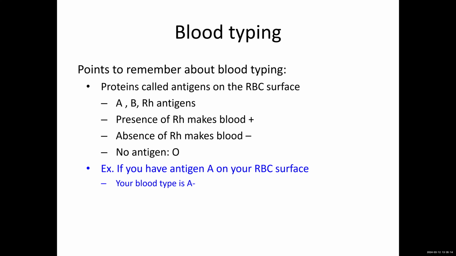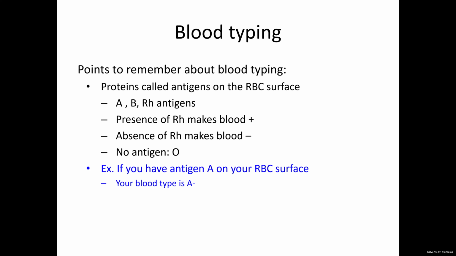Because you all know that we have different blood types: A positive, A negative, B positive, B negative, O positive, O negative, or AB positive and negative. And the point is, if you have blood type A, you cannot give this patient blood type B, for example.